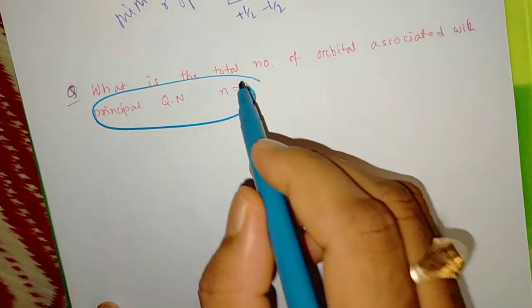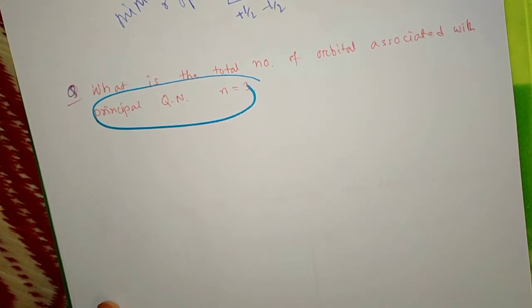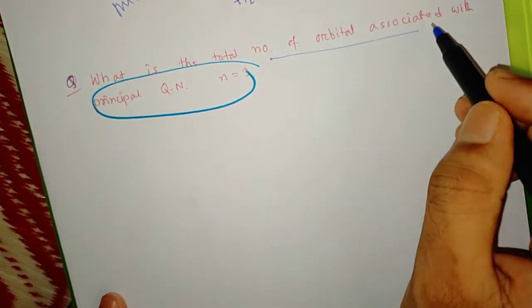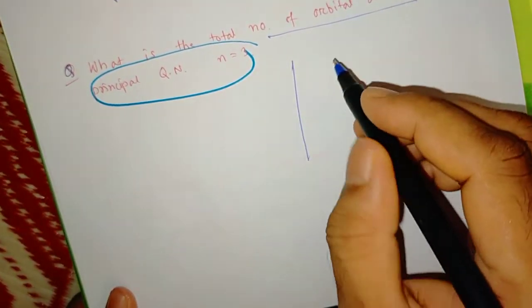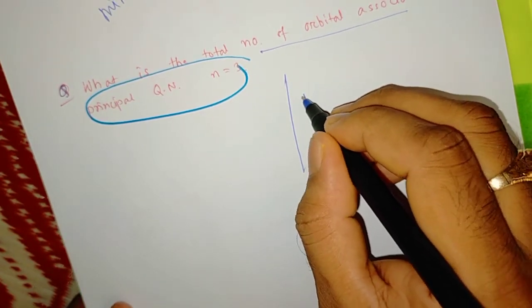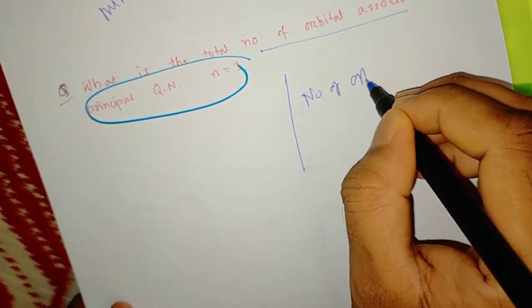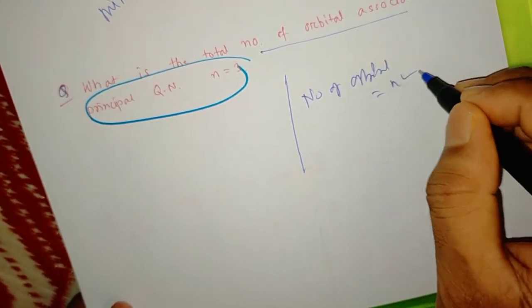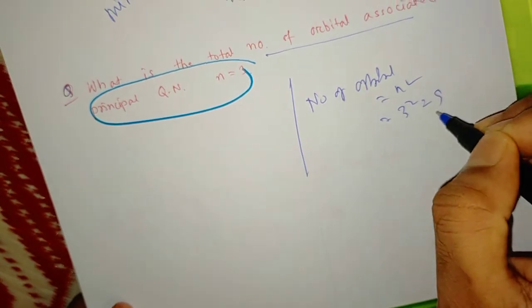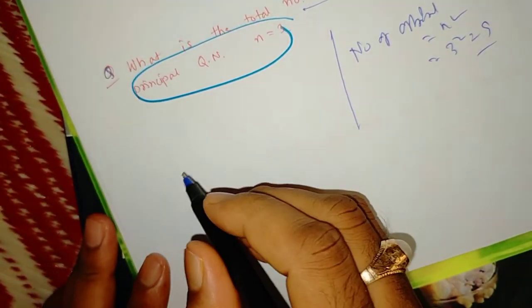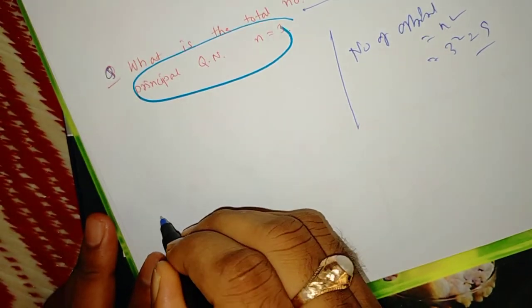There is a shortcut formula: the number of orbitals is equal to n square, so 3 square is 9. Otherwise, we can solve it like this.